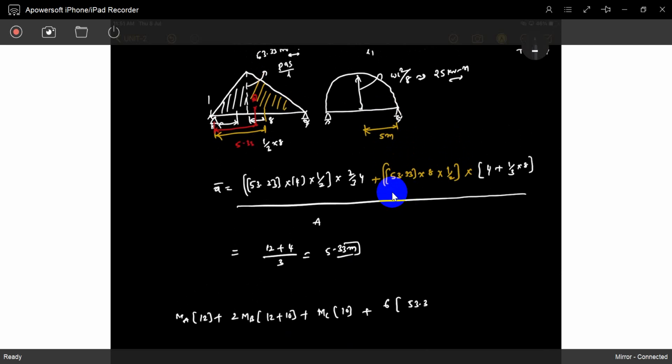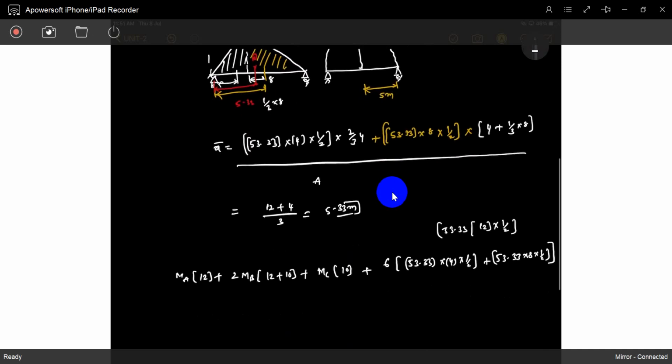We got it now. 53.33, 4 of, that is one area, plus 53.33 into 8 by 2. That is the second. So total area, otherwise you can directly write it. No need to write two parts.